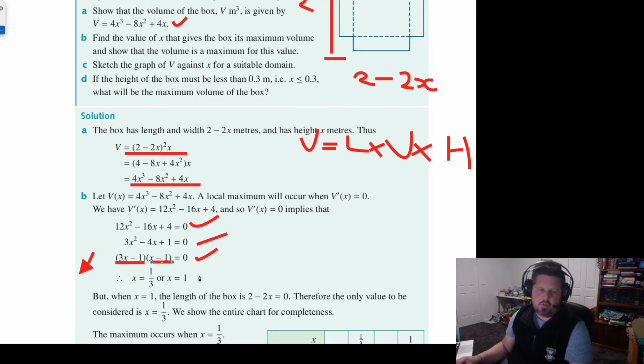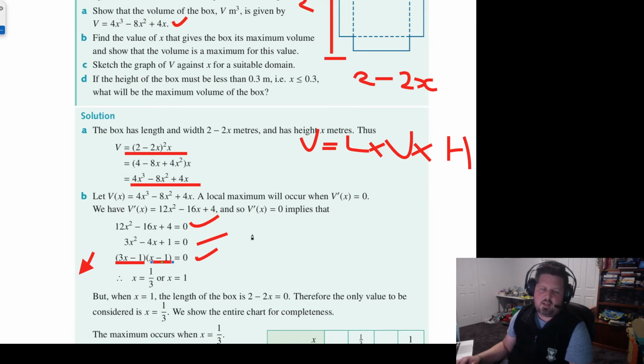So we've got two solutions here, but here is the catch. In the real world, we need to think about the process. If you have a box and the length is 2 take away 2x, if you cut 1 in from both sides, your box width is going to be 0, or the length is going to be 0.